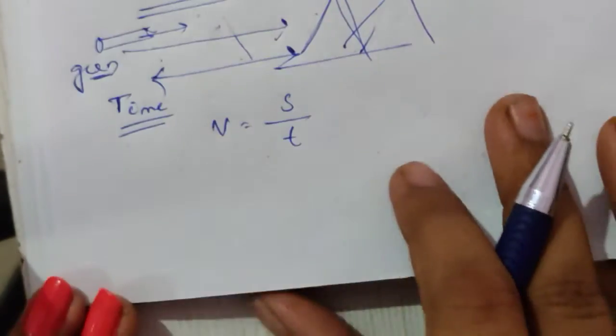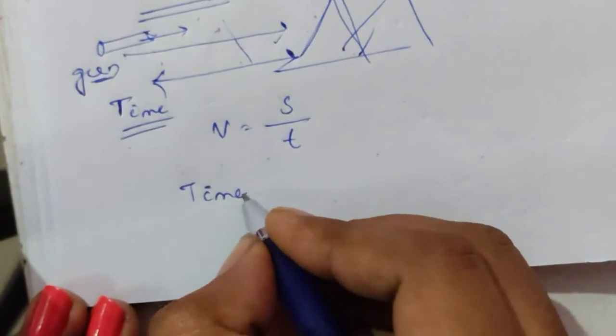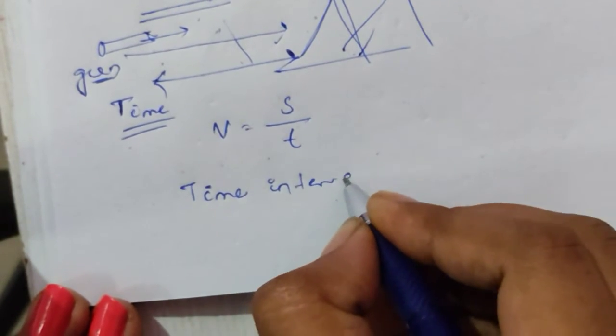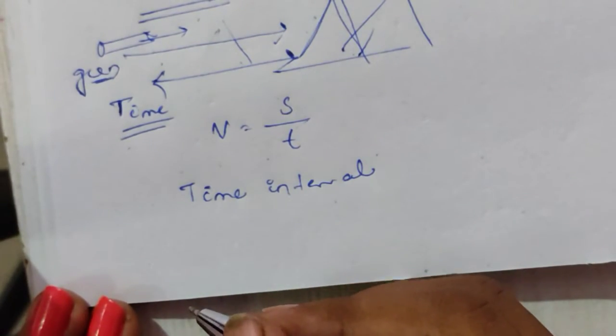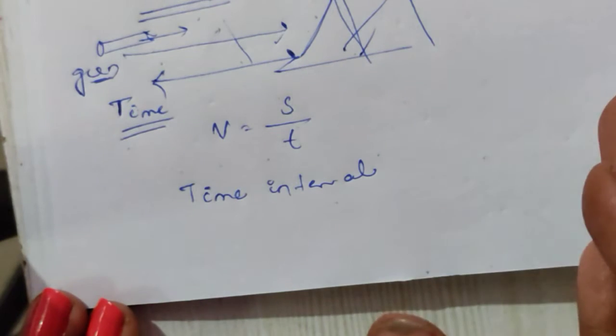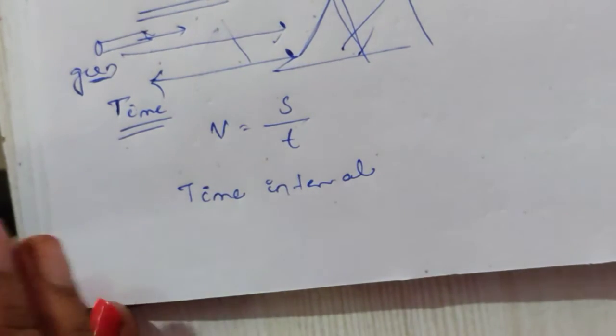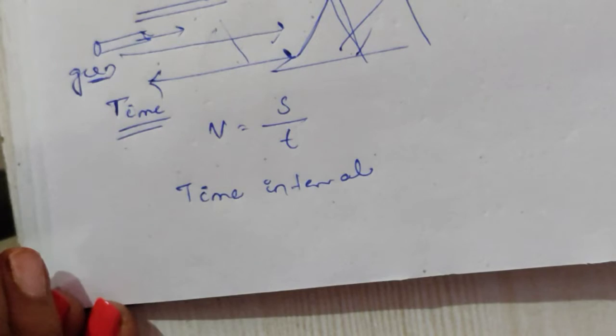Now we need to measure the time interval. During the time interval, we can know the distance traveled towards the hill and then back from the hill to the place of firing.